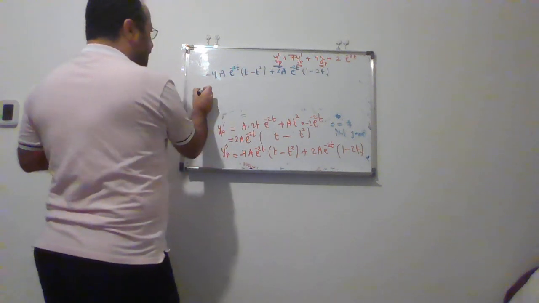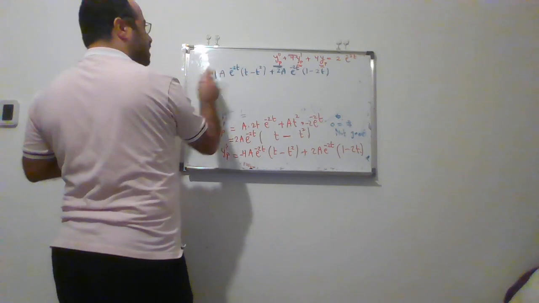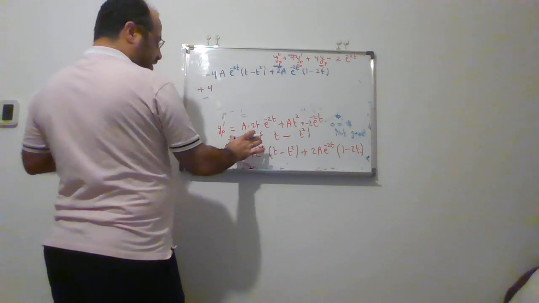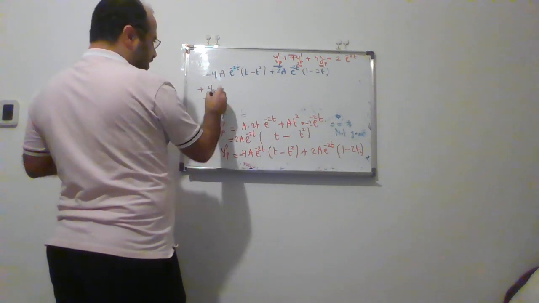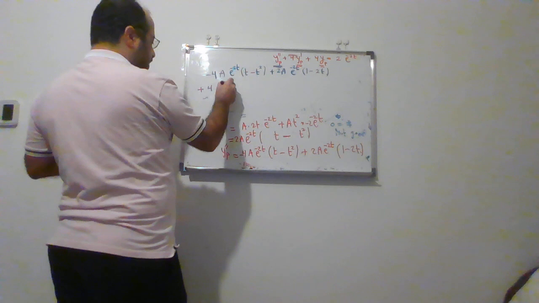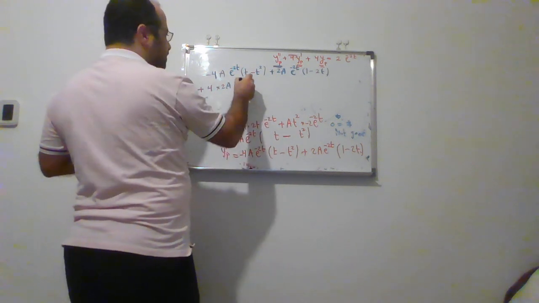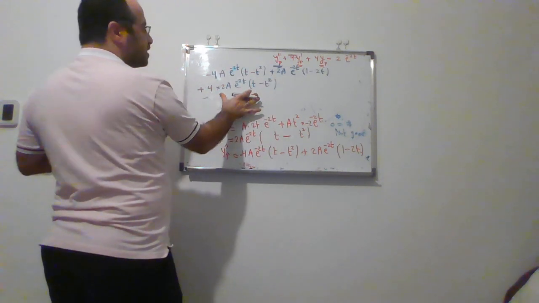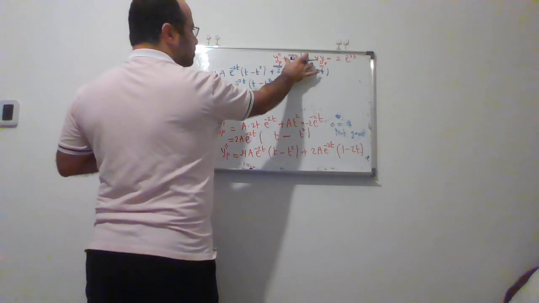Then I'm writing now this thing. This is 4 times that thing, which is the first derivative: 4 times 2a e^(-2t) times (t minus t squared). So this is just the first derivative multiplied by 4.